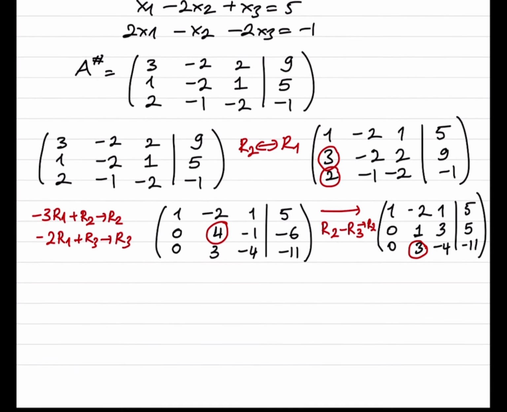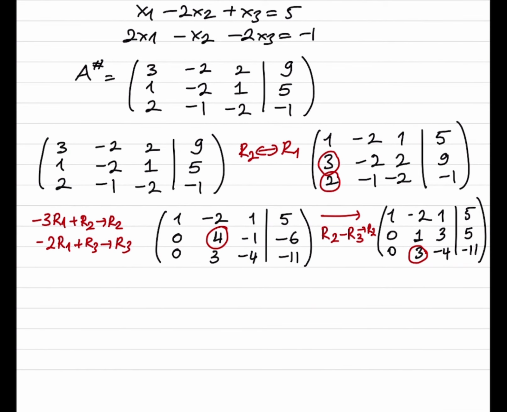How can we do that? We can do minus 3 R2 plus R3, and write it to R3, row 3. 1, minus 2, 1, 5, 0, 1, 3, 5, 0, and we will have 0 here. Minus 3 times 3, minus 9, minus 4, minus 13, right?